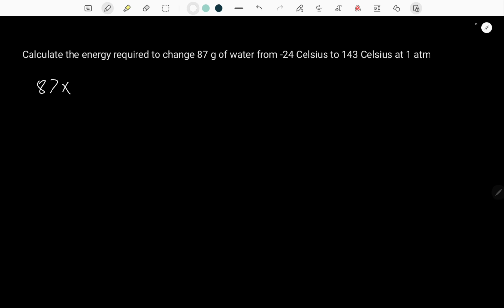Let's go and check that. For ice, the specific heat value is 2.087, and delta T will be the final, 0 minus negative 24. So this just becomes 24, because minus a minus is positive.